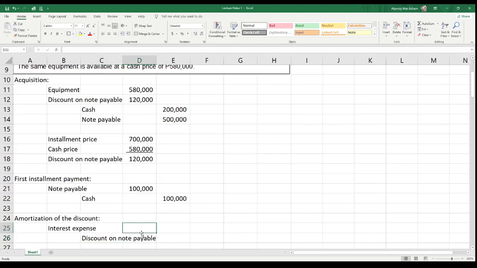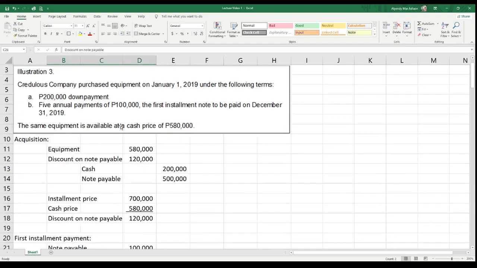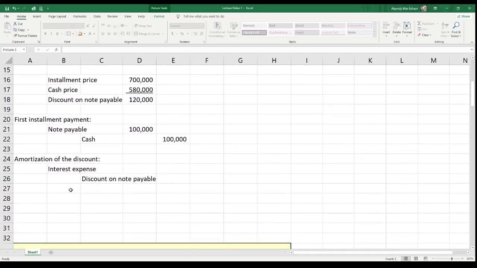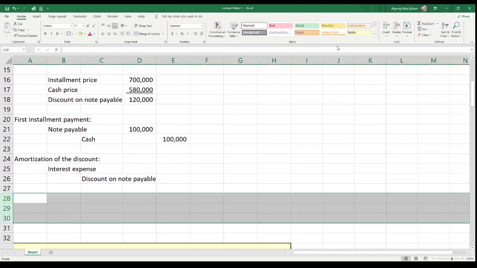Now, by how much? Now, take note that we've also discussed this one in our intermediate accounting 1, that if there is an interest rate, then the interest expense would also depend on the interest rate. But take note that in this problem, there is no given interest rate. So what are we going to do? So if there is no given interest rate, then what we are going to do is to use the outstanding balance method.